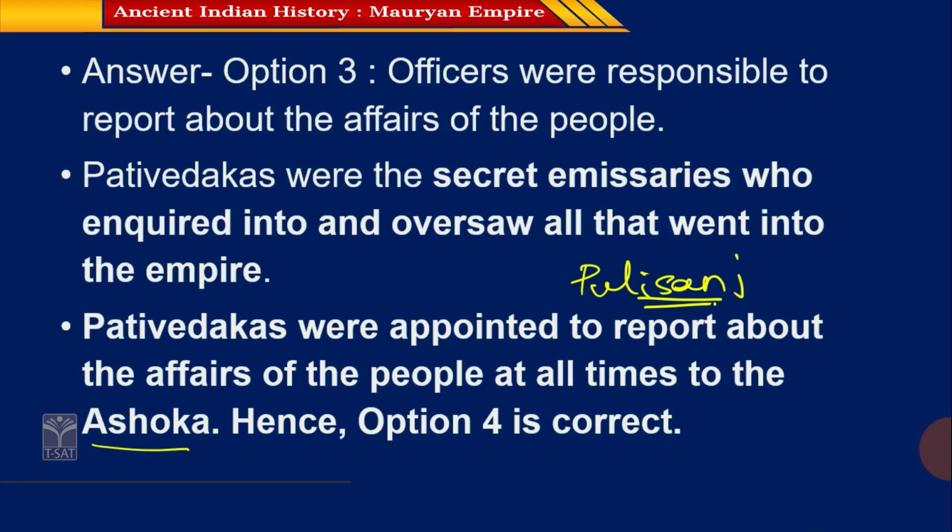In fact, the office itself was started in Ashoka's period. Pulisanjas were more like the IB, Intelligence Bureau, which reports directly to the king. This entire secret service, these Pativedakas and Pulisanjas, were part of a department called Gudha Purusha, or spy agency.